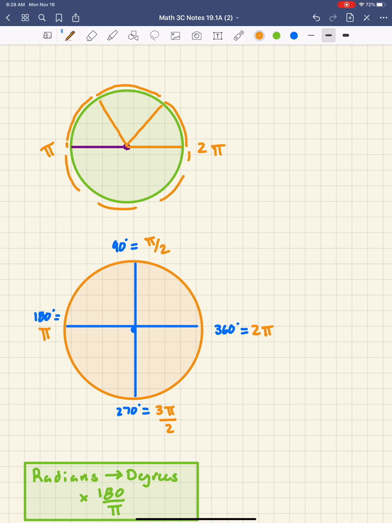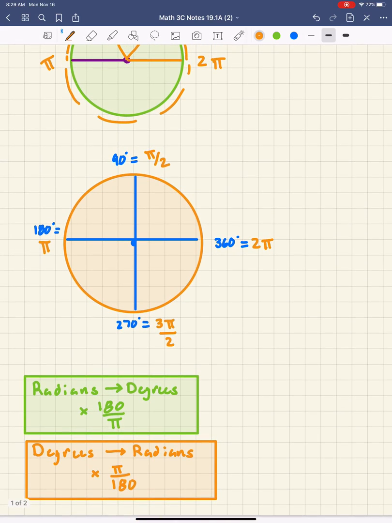So it's just a different way, like Fahrenheit and Celsius, except we're using radians and degrees to measure our distance around the circle. You can convert any degree measurement to radians, or any radian measurement to degrees, using this formula. To get from radians to degrees, you multiply by 180 divided by pi, and to get from degrees to radians, you multiply by pi divided by 180.